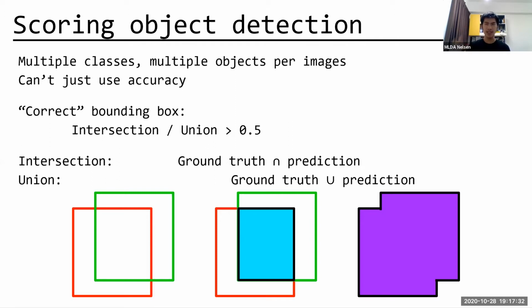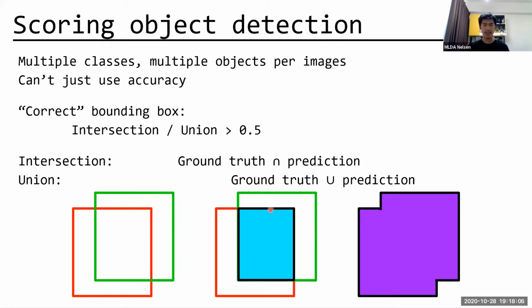And what we want to see is whether our model can get an area similar to the ground truth. So how can we measure the similarity? We use IOU, or intersection over union. We can see from here that the intersection is the area that is intersected by the ground truth and by our model prediction.